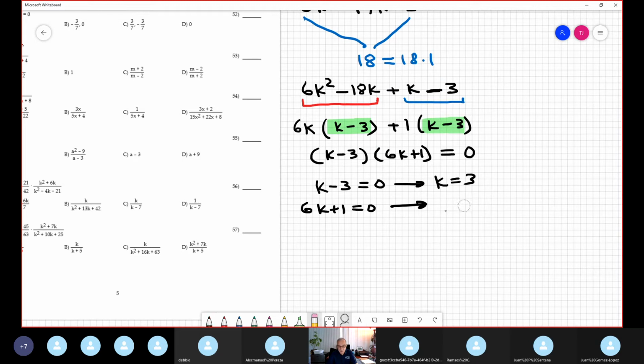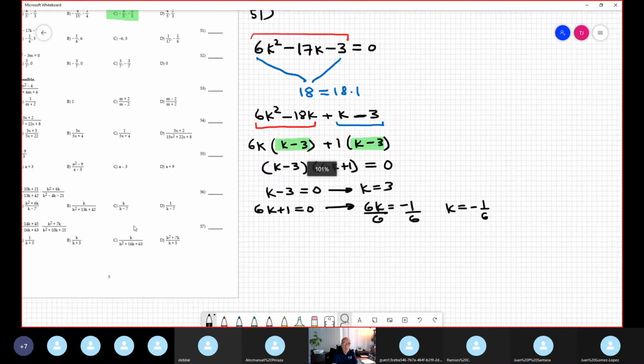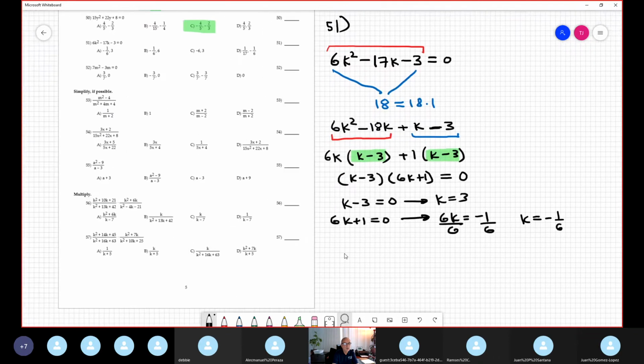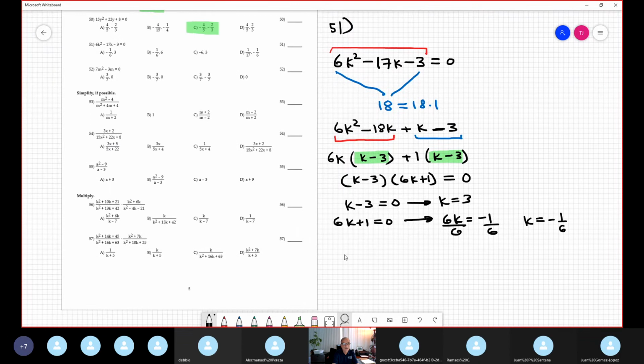Okay, look, 6k equals negative 1, so k is equal to negative 1 over 6. Okay. Negative 1 over 6 and positive 3 is the solution for the 51 quadratic equation.